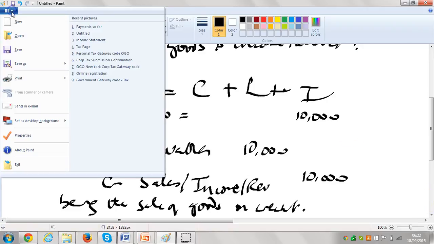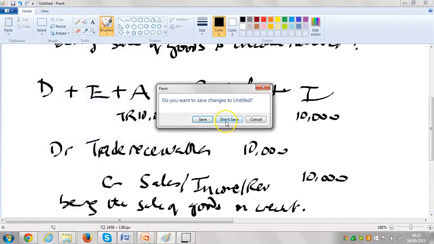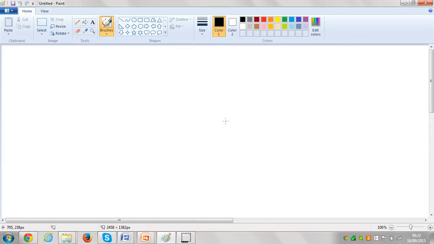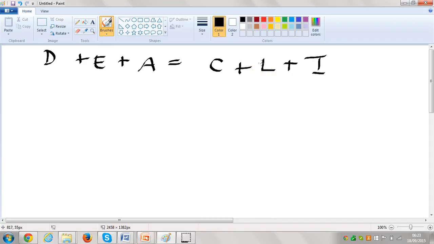We've played around with a couple of them. So let's start again. D plus E plus A is equal to C plus L plus I. Let's say we had 50,000 sitting in the bank, and we wanted to pay off the loan. If we wanted to pay off £10,000 from the bank account, the bank account would reduce by £10,000, as would the loan that we were owing, to keep this equation balanced.